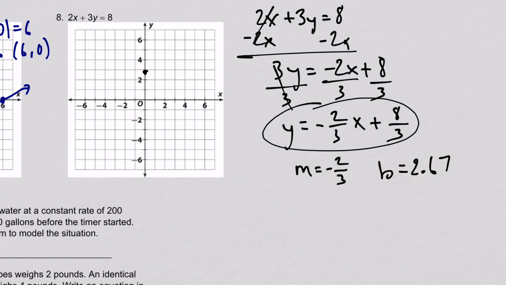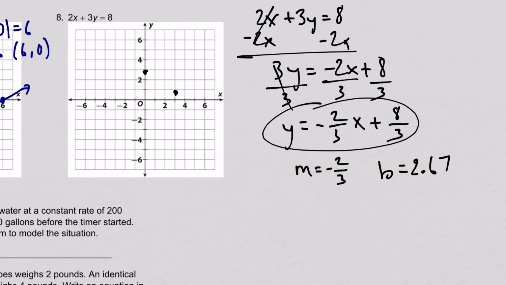The slope is negative 2 over 3. So from that point, I am going to go down 2, 1, 2, to the right 3, to about right here at this point. Not at 1, not at 0, but between 1 and 0, at about 0.67. So right here.